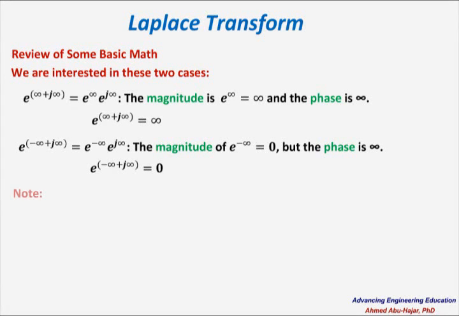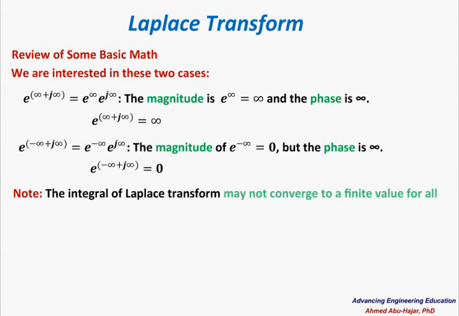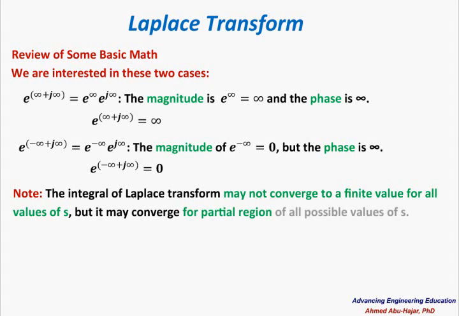Let us state the following note. The integral of the Laplace transform may not converge to a finite value for all possible values of s. It may converge to a finite value for a partial region of all possible values of s.